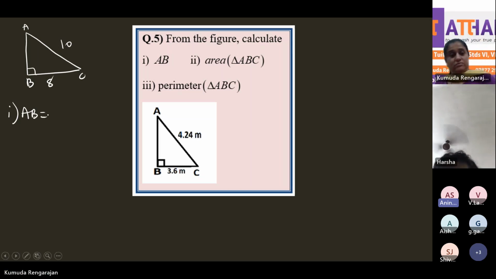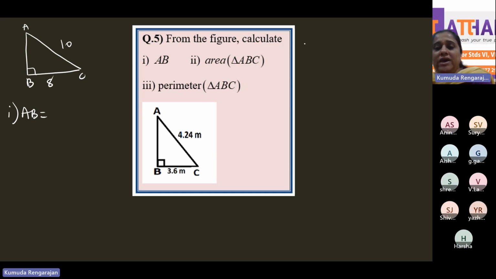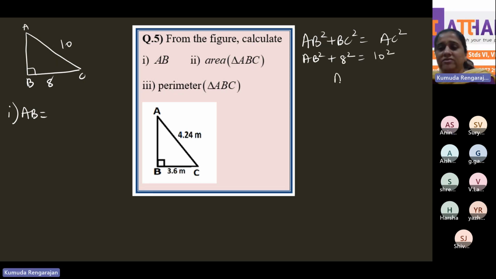10 square is equal to 8 square plus x square. So AB square plus BC square is equal to AC square. Then AB square we do not know, plus BC square is 8 square, is equal to 10 square. So AB square will be equal to 10 square minus 8 square, that is 100 minus 64.